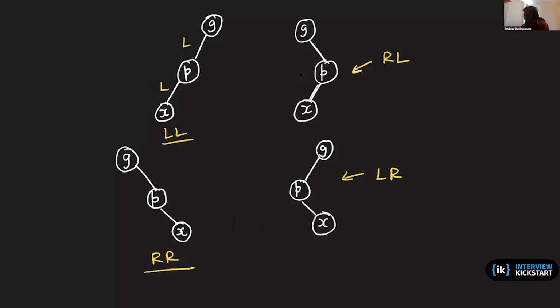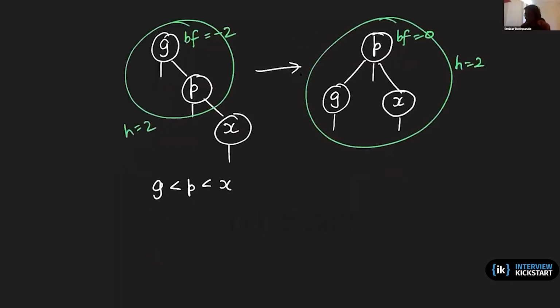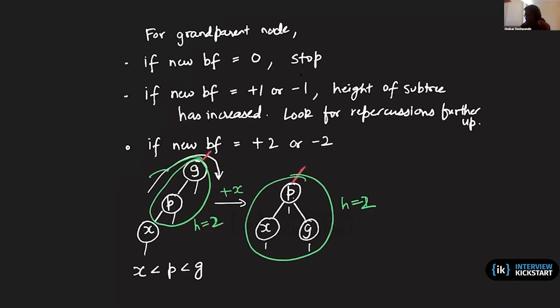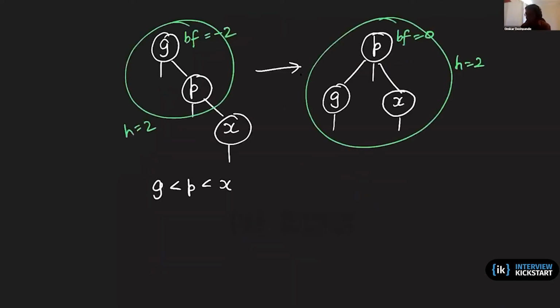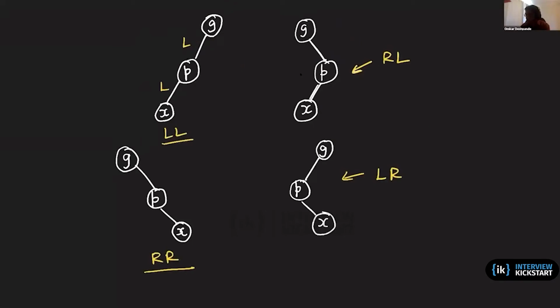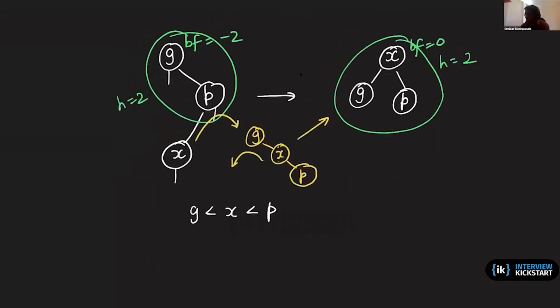The LL case and the RR case are symmetric. What you do is, you do a single rotation, whether it's the LL case or the RR case, and you achieve balance with no further repercussions up. The RL case and the LR case involve a more complicated transformation, which you can see and implement as a double rotation.